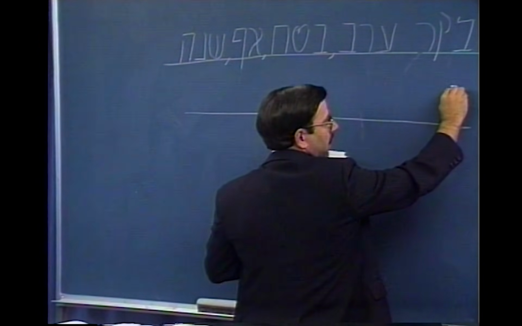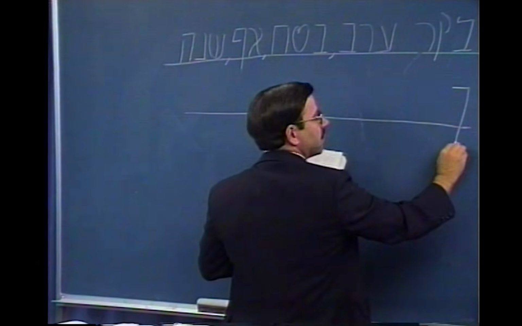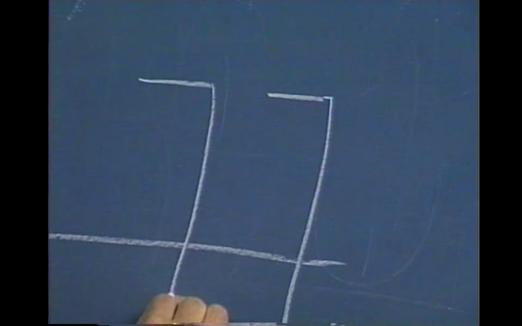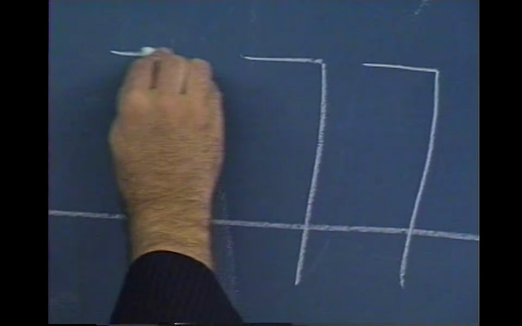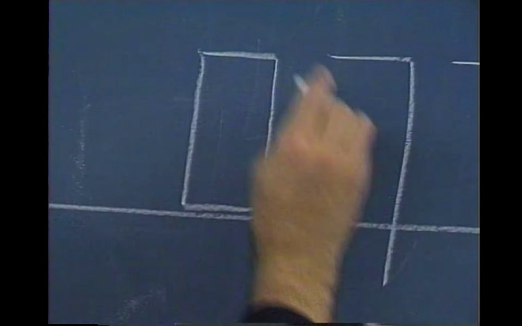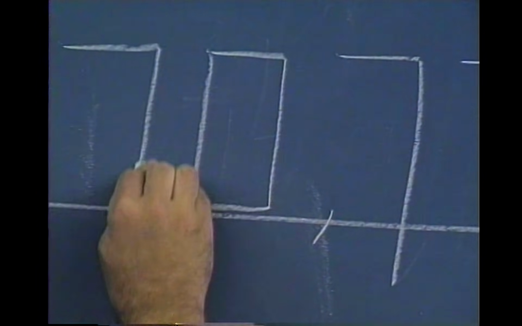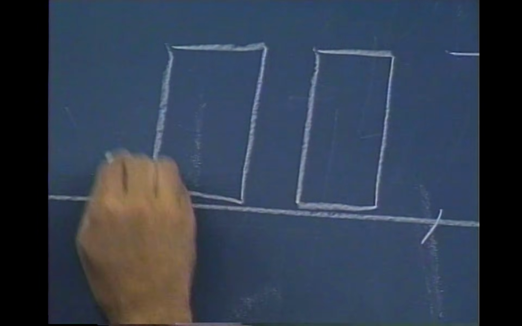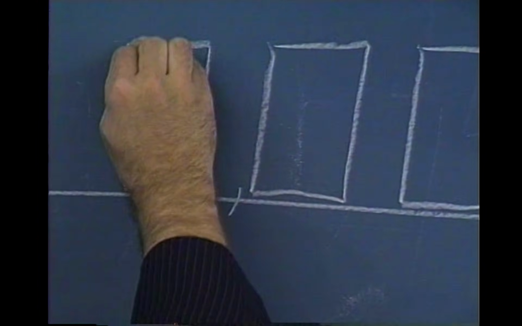This would be like a huge 7 dropping down below the line. Kaf, kaf, kaf, kaf. All right, the next one, mem. Just make that square. Mem, mem, mem, mem.